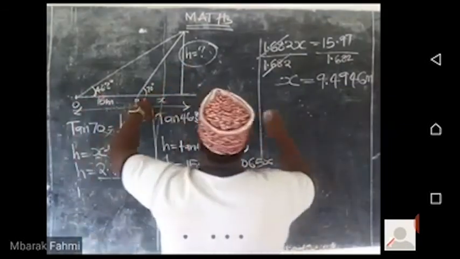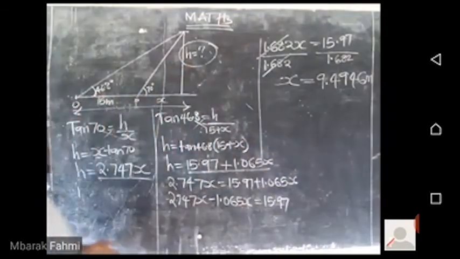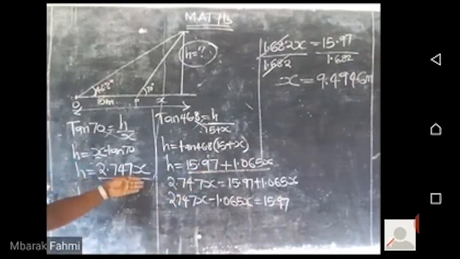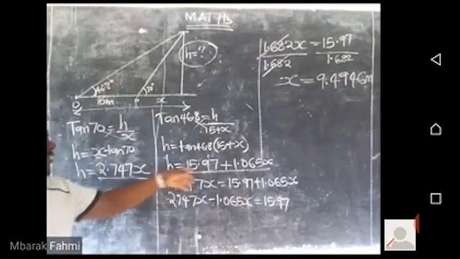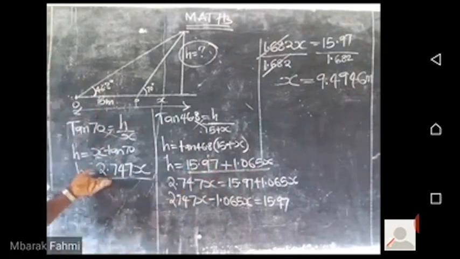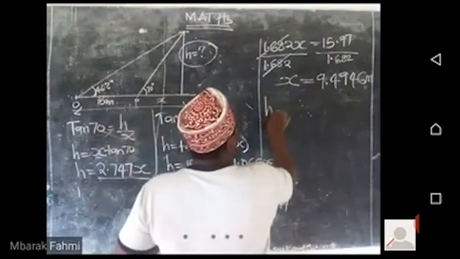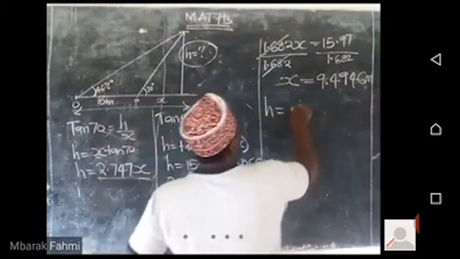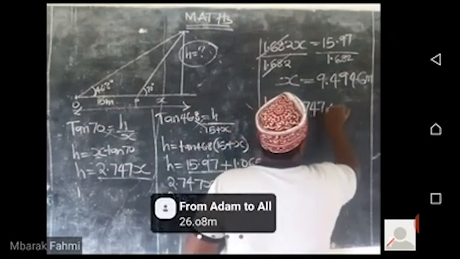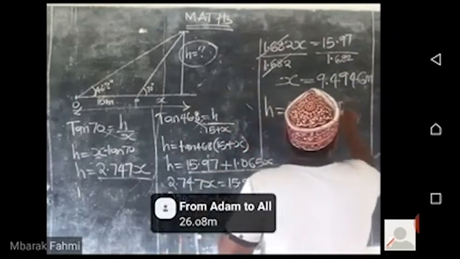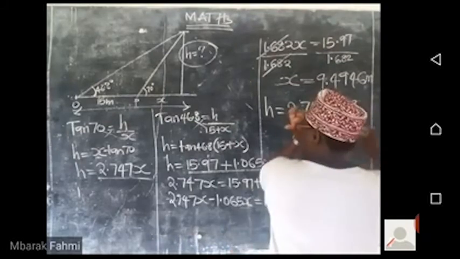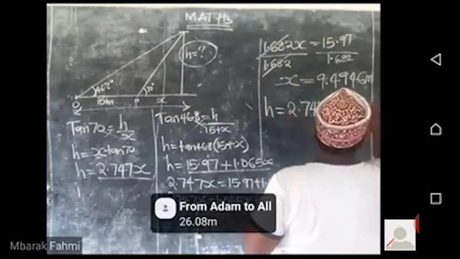We can use any of these formulas here. Height is equal to this times x, or height is equal to that plus that; they will give us the same result. If I take the simple one, height is equal to 2.747 times x, which is 9.4946.